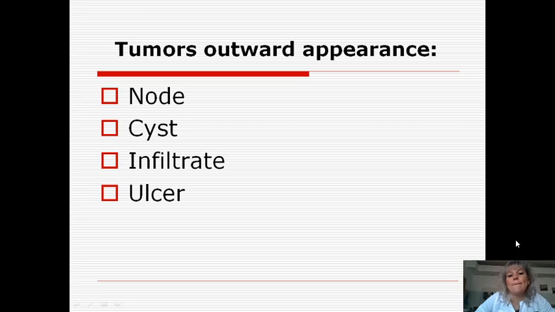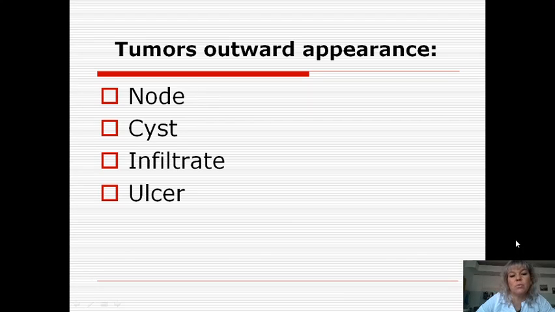There are four main forms or shapes of tumors. A tumor may be a node, a cyst, an infiltrate or an ulcer.